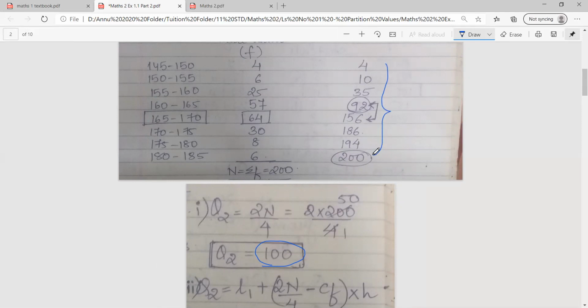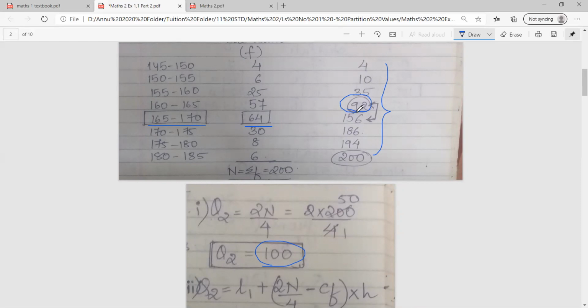Can I say 100 lies between 92 and 156? As 92 is smaller and 156 is the closer greater value, in place of 156, I have marked the box of 165 to 170. In that particular class, the frequency will be 64, and the cumulative frequency will be the upper one, the smaller value which we have ignored. So is the logic clear how to take the class?